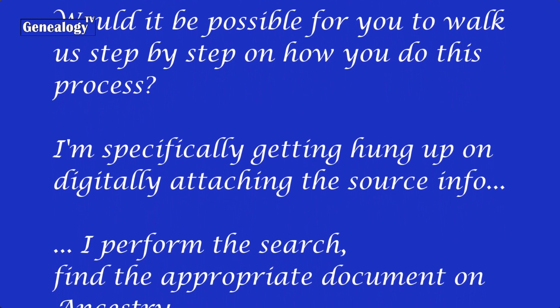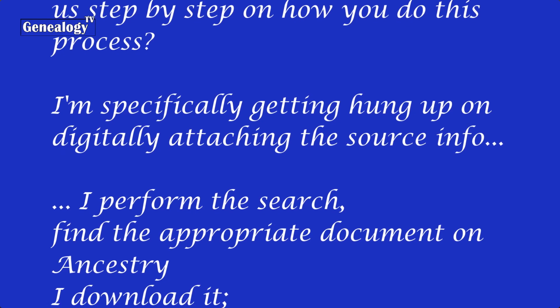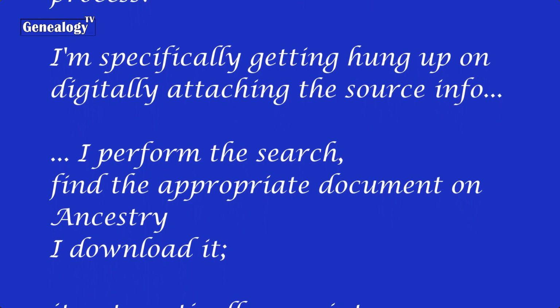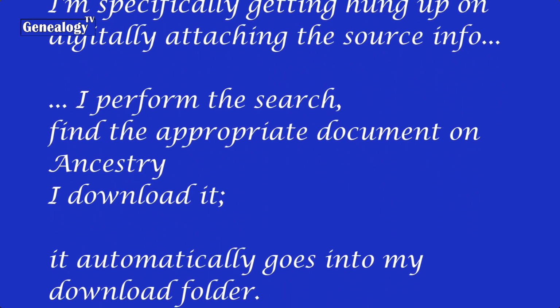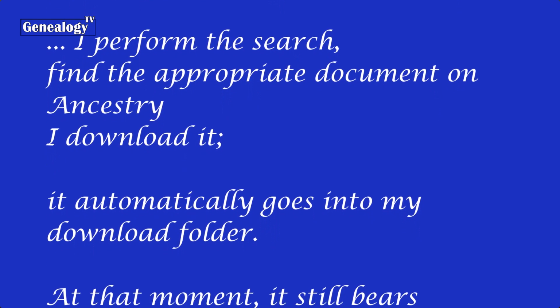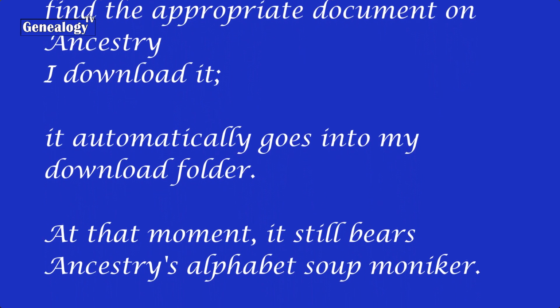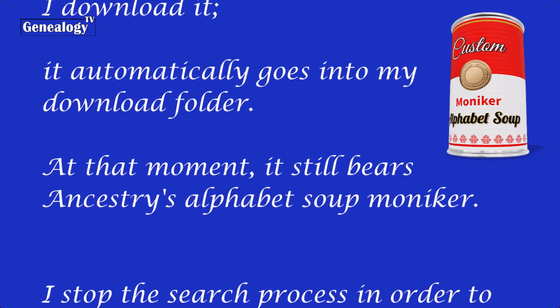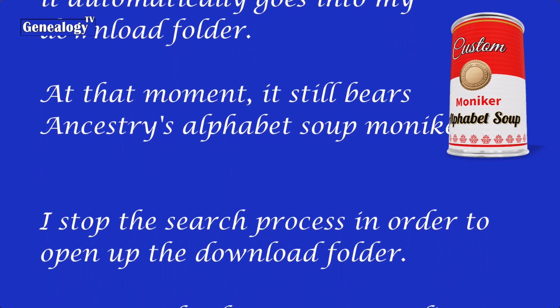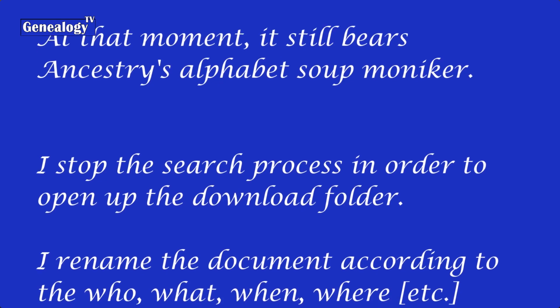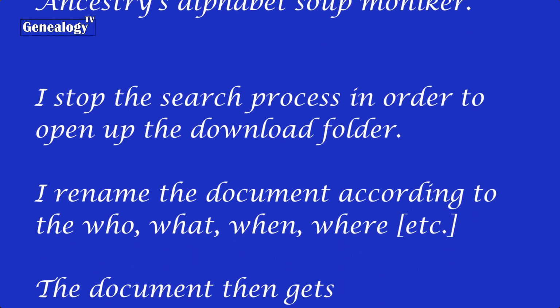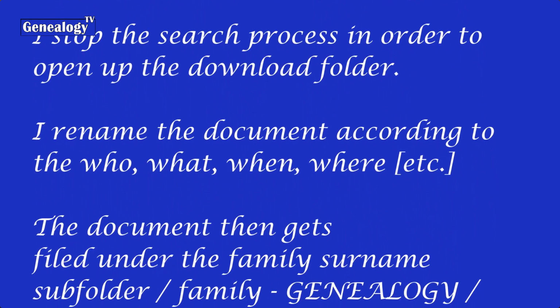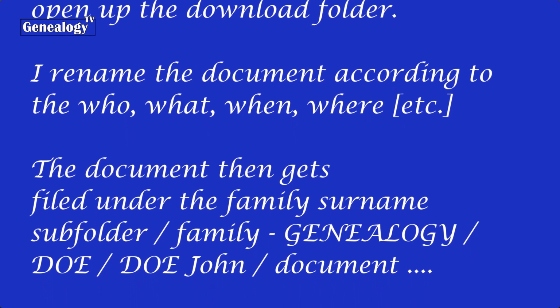He says, I perform a search. I find the appropriate document on Ancestry. I download it, and it automatically goes into my download folder. At that moment, it still bears Ancestry's, he calls it alphabet soup moniker. I stop the search process in order to open up the downloaded folder. I rename the document according to who, what, where, when, and so on.